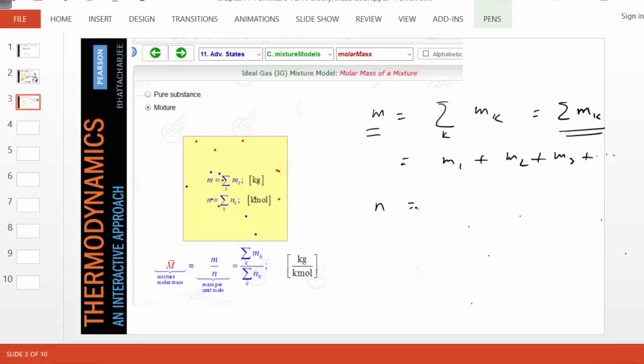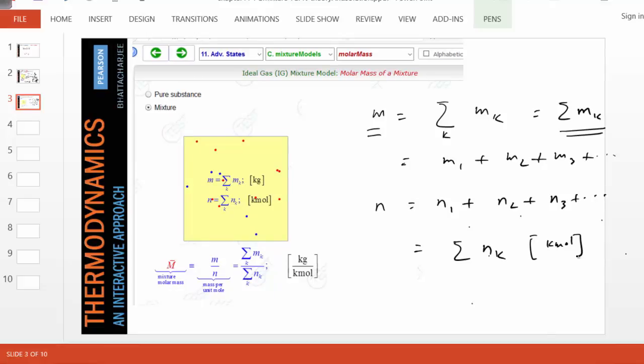So if I know how many oxygen, how many nitrogen, etc. are there, all we have to do is add the number of each component. So we can write a similar equation. Obviously, the unit of N would be kilomole, and the unit of mass would be kilogram.